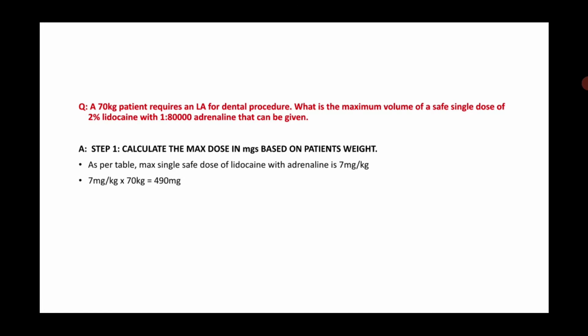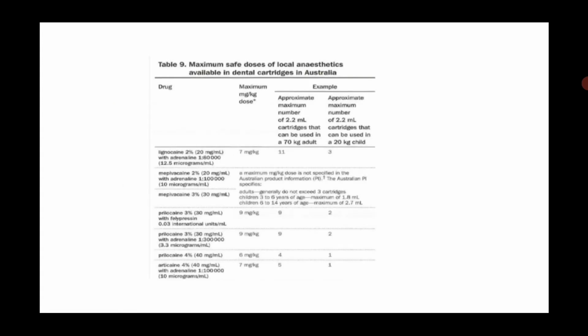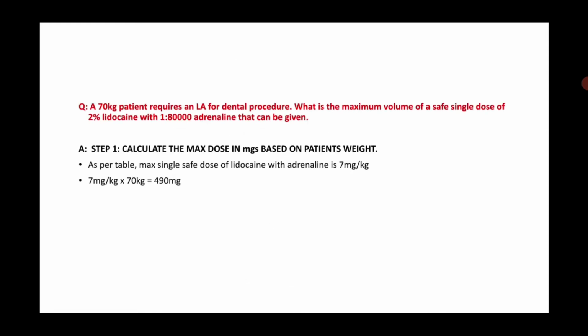As per the previous table, which you have to learn, the maximum single safe dose of lidocaine with adrenaline for an adult is 7 milligrams per kilogram with adrenaline, please remember.